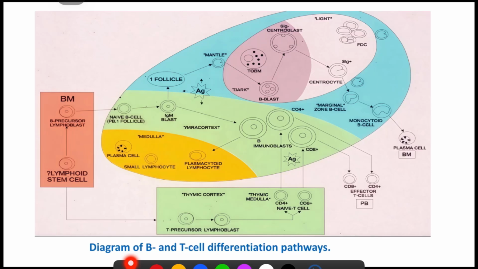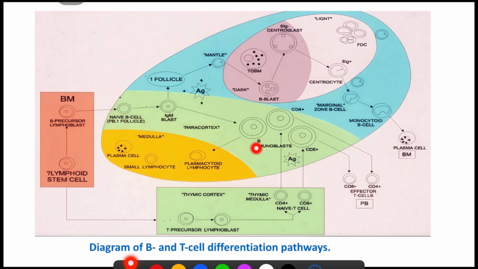Now the T cell. So the T cell enter the lymph node via the endothelial venule, right? So they are here, differentiated into lymphoblast. They are naive T cells, CD4 and CD8. They enter into the lymph node and are present in the paracortex.